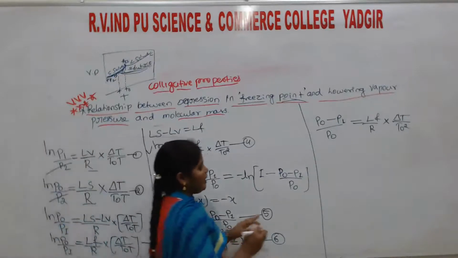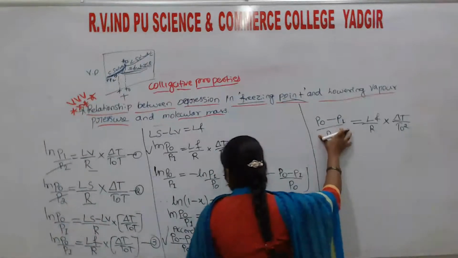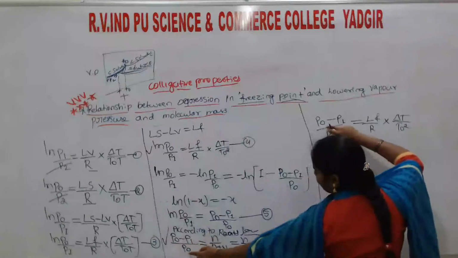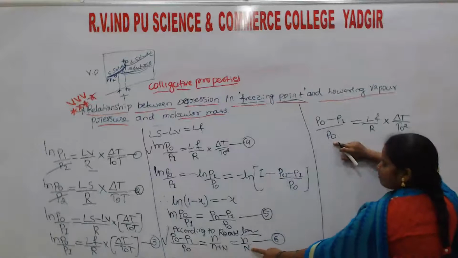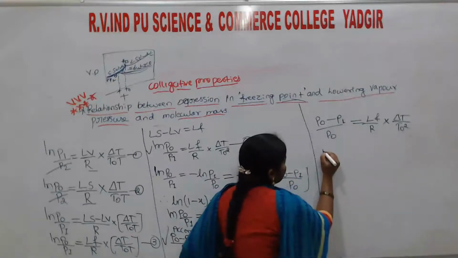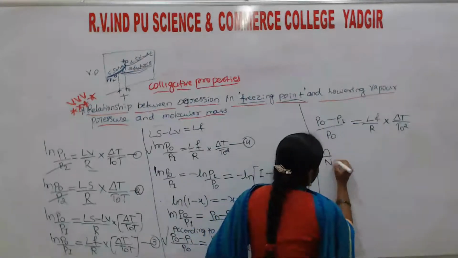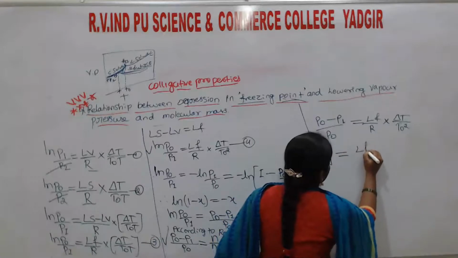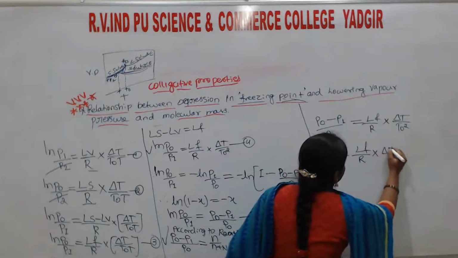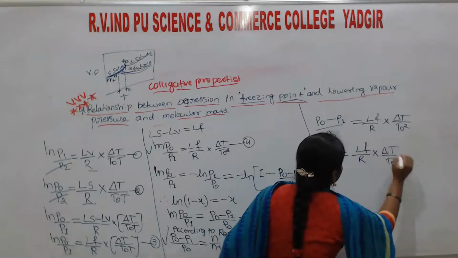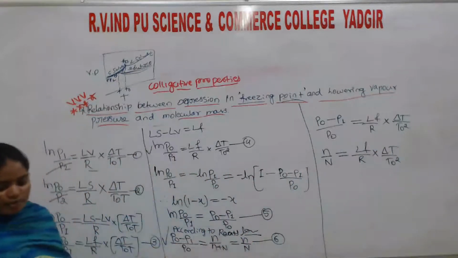You substitute this value here. This P naught minus P1 divided by P naught is equal to n by N, is equal to LF divided by R into delta T divided by T naught square, up to here the equation number 6.